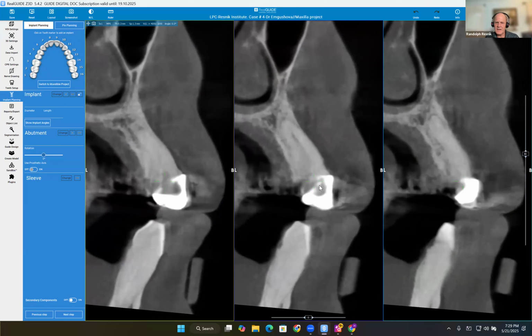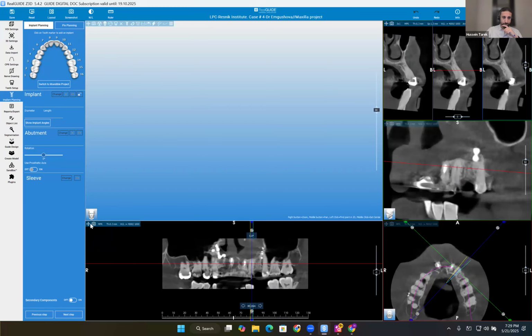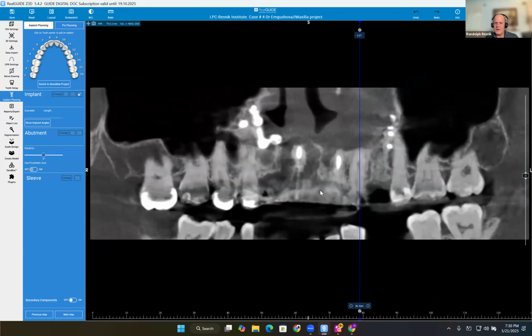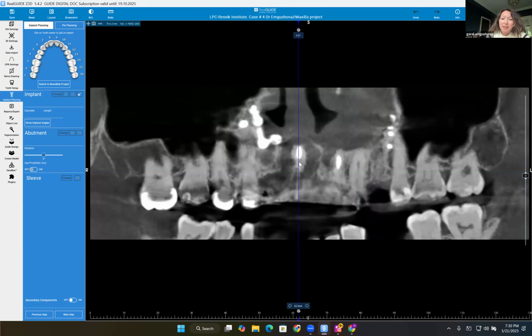Let's go to the pan again. Yes, sir. Okay, Doc. Well, first of all, with the infection on 8, that needs to be completely cleaned out and grafted. That is such a large defect. And clinically, it's just massive.